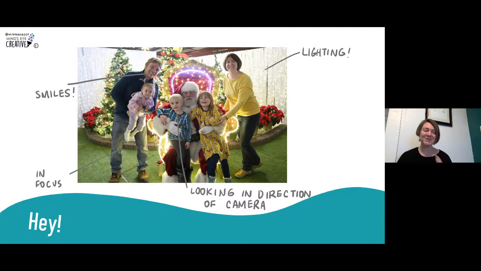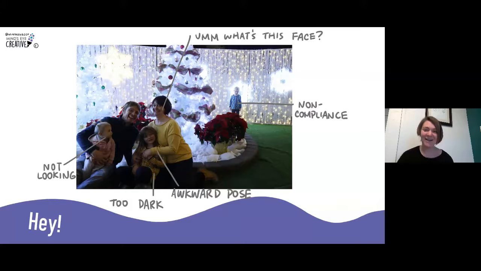But while trying to get this picture, this also happened. So it's still a picture of our family. It still is getting the point across, but it's a little not perfect. It's a little odd. We've got people not looking. It's a bit dark in some areas. I don't know what face I'm making here. It's very awkward.